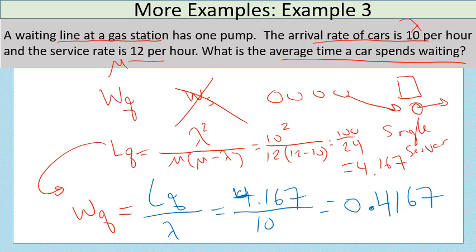This is in terms of hours. So an average car would spend 0.4167 hours waiting in this waiting line.